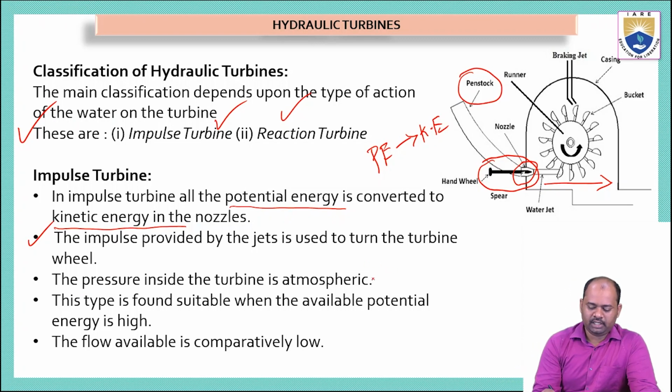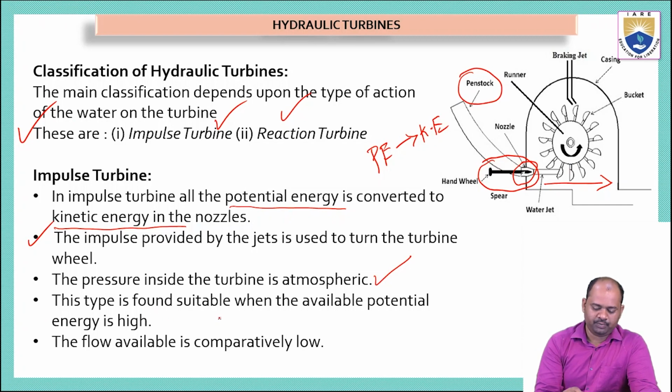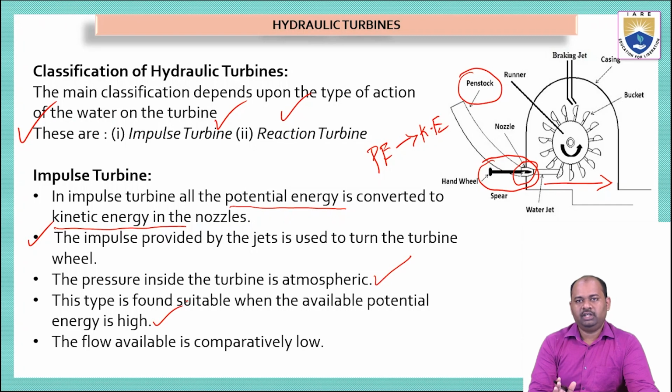The pressure inside the turbine is atmospheric. This is an open atmospheric turbine, which is the Pelton wheel turbine we saw in the previous slide. The pressure inside the entire turbine is equal to atmospheric pressure, and this type is suitable when the available potential energy is very high. So this impulse turbine arrangement is very suitable when we have water stored at a very high head.